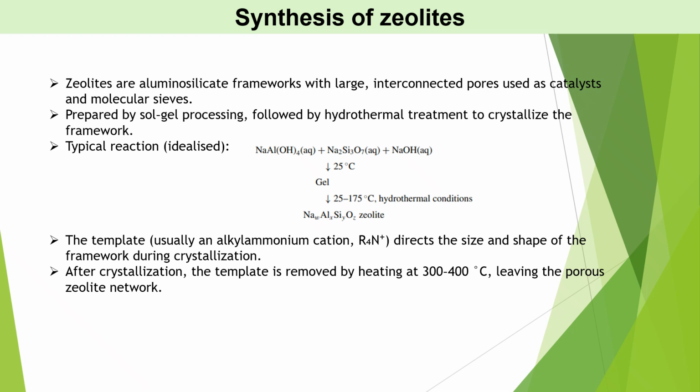The gel forms at room temperature, then crystallizes at 25 to 175 degrees Celsius. Organic templates like alkyl ammonium ions determine the pore structure. After crystallization, the template is removed by heating at around 300 to 400 degrees Celsius, leaving open channels.